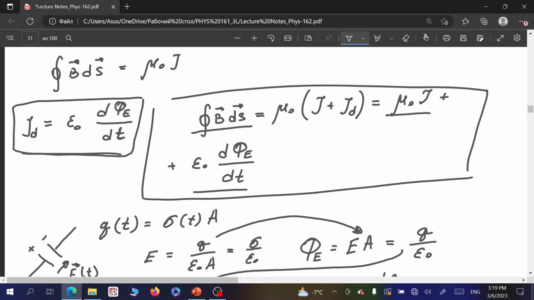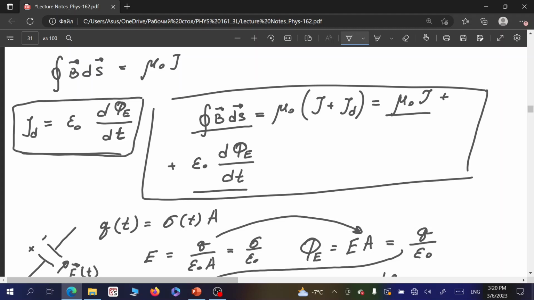So it doesn't matter which surface we consider, surface 1 or surface 2, which we discussed on the slide at the beginning of our lecture, we will always get the same magnitude of this integral. But in both cases, there will be a different origin, like source, of magnetic field.